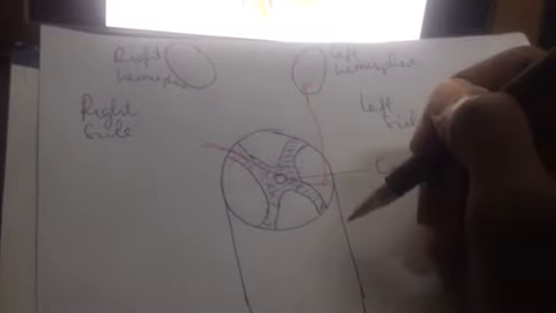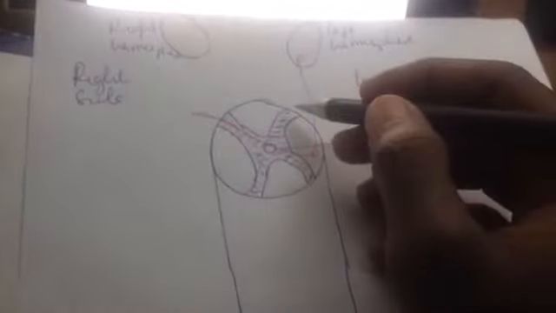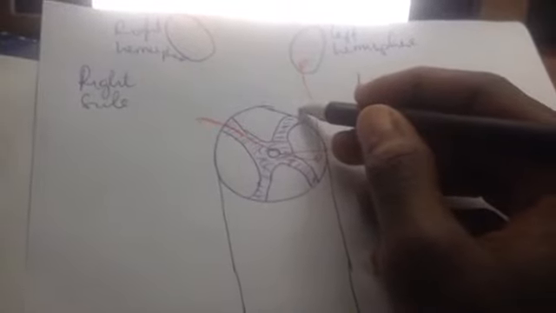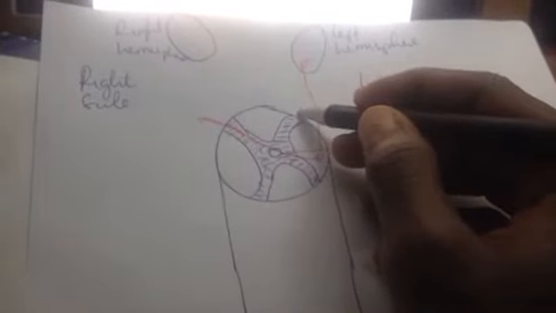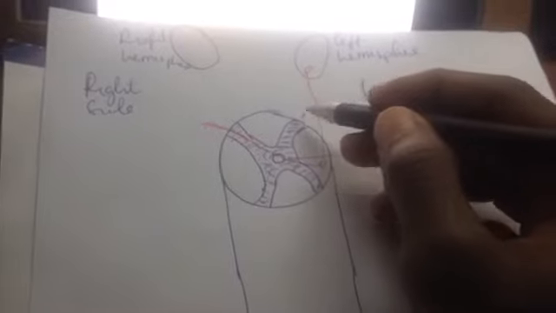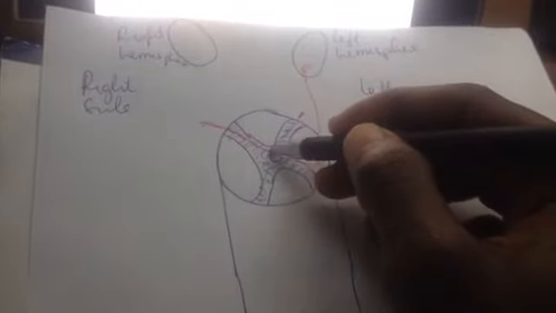While the fibers from the left side of the body, the fibers carrying temperature and pain sensation, also come here and go above, then meet the right hemisphere.